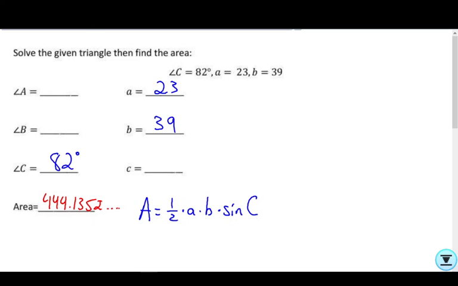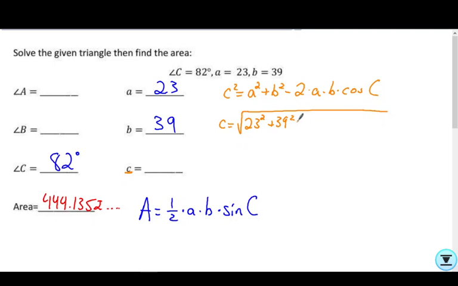Okay? So next, I need to find side C, because once I have side C, then I can switch to the law of sines. So C squared equals A squared plus B squared minus 2 times A times B times cosine C. So square root, plug in my values: 23 squared plus 39 squared minus 2 times 23 times 39 times the cosine of 82.